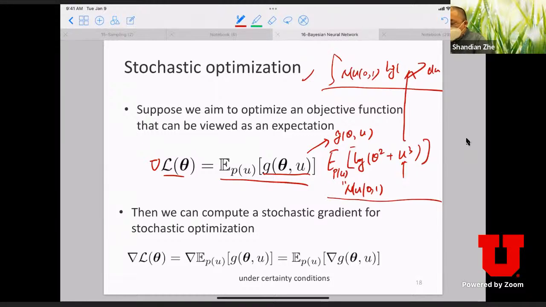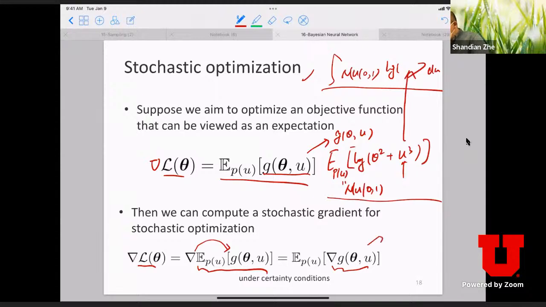So you see that if you take the gradient of your objective function, you're essentially taking the gradient of this expectation, right? And in many cases, under some mild conditions, you can switch the expectation and the gradient. That means you can move the gradient inside the expectation. You can calculate the gradient of this random function.